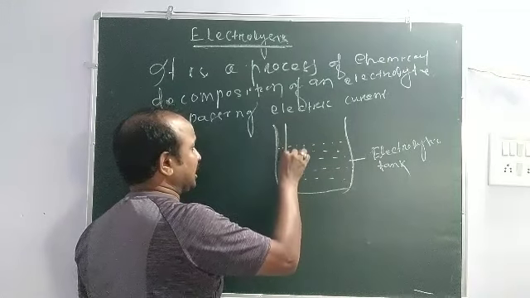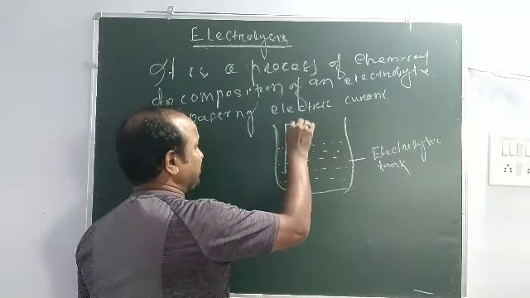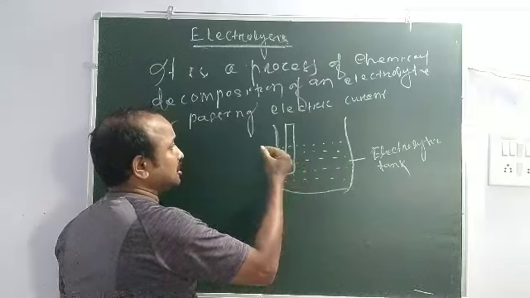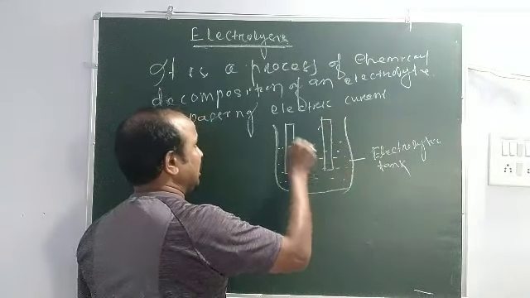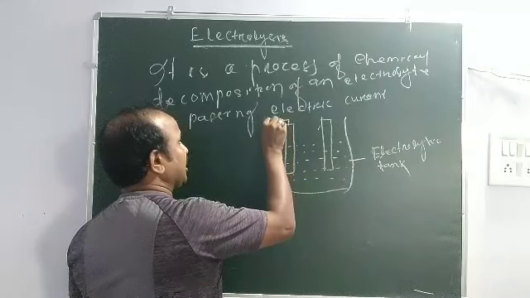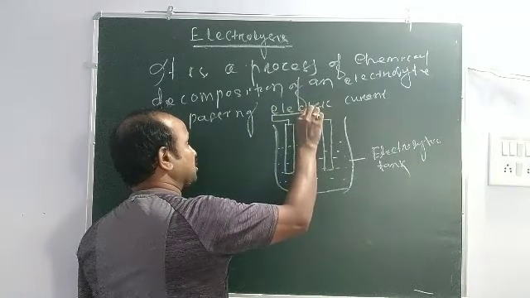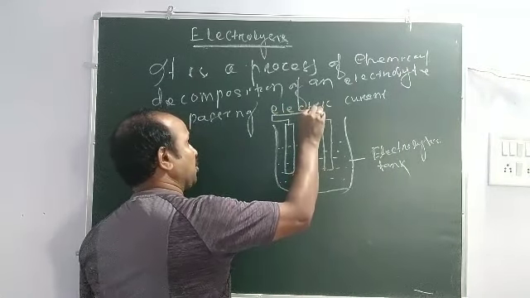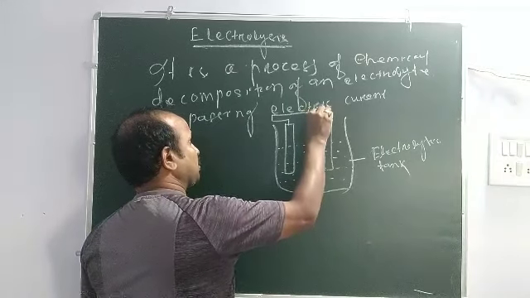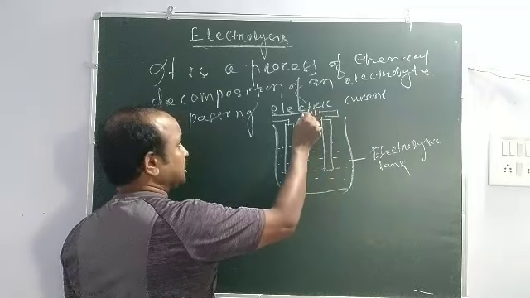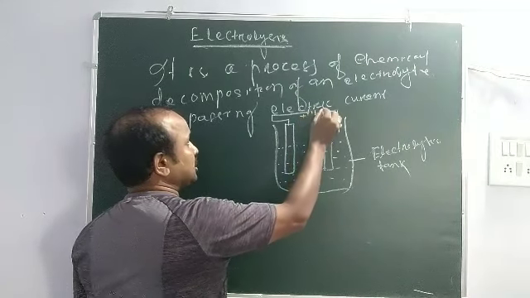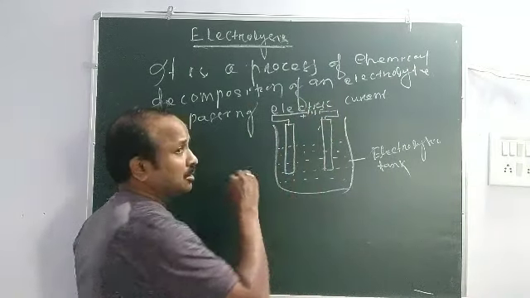Then two metallic plates are dipped into the solution, and these plates are connected with the two poles of a battery. This is the positive pole, this is the negative pole.